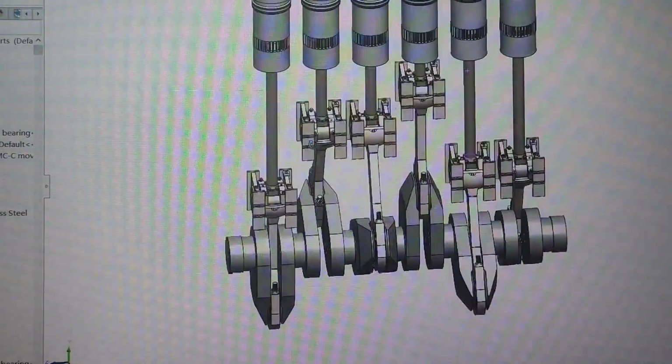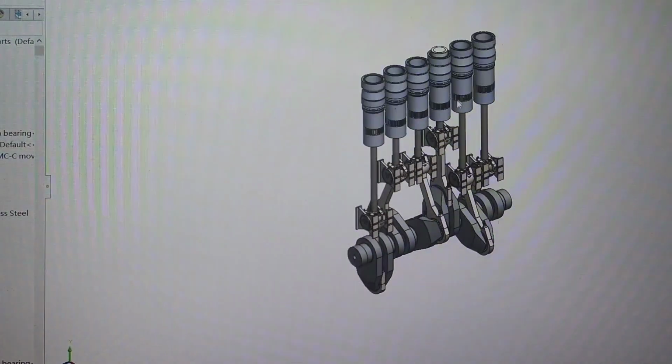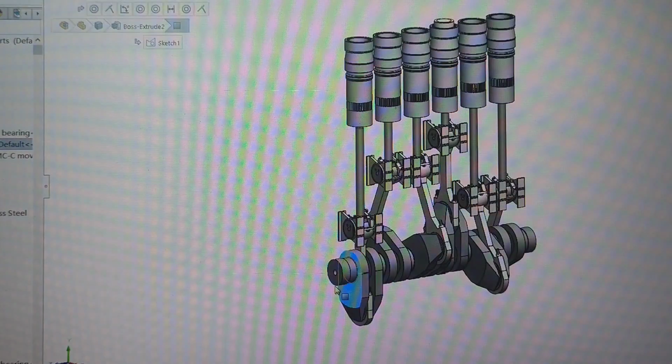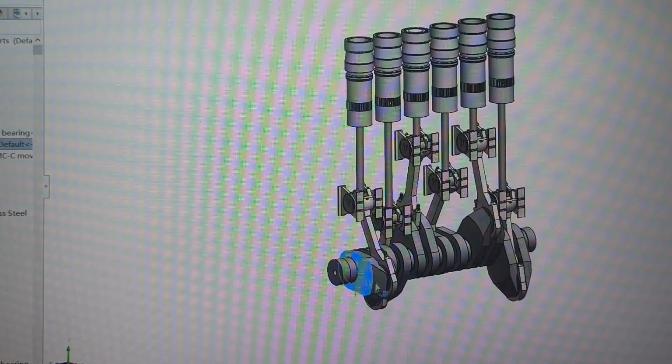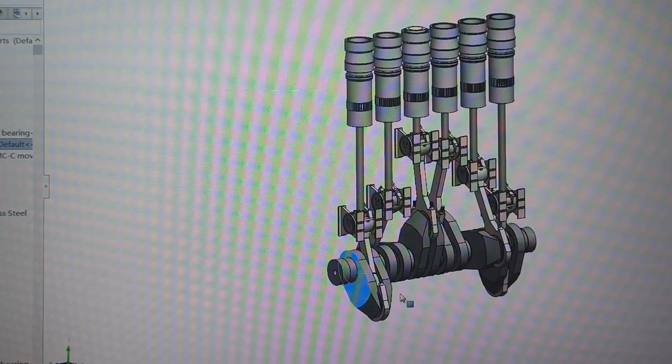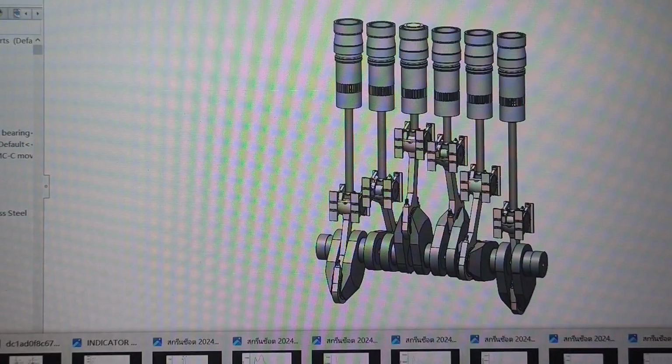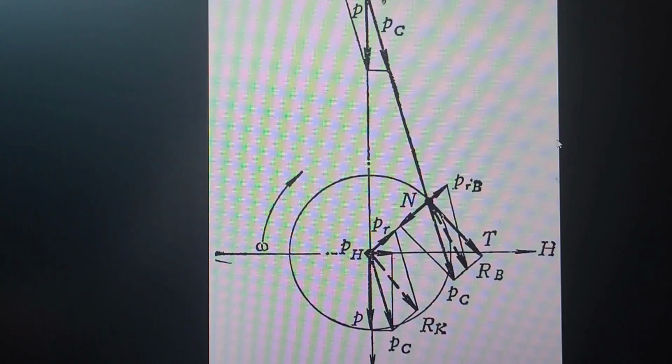Okay, here are the 6 cylinders, the main moving parts together with the cylinder jacket. You can see it can rotate. And here is a simplified model for the crosshead, connecting rod, and crankshaft mechanism.